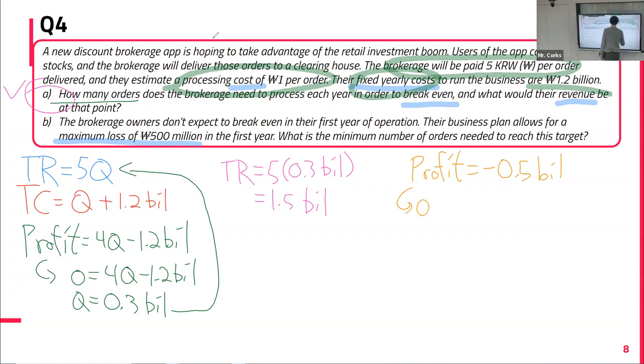So negative 0.5 billion is equal to 4q minus 1.2 billion. So 4q is equal to 0.7 billion.